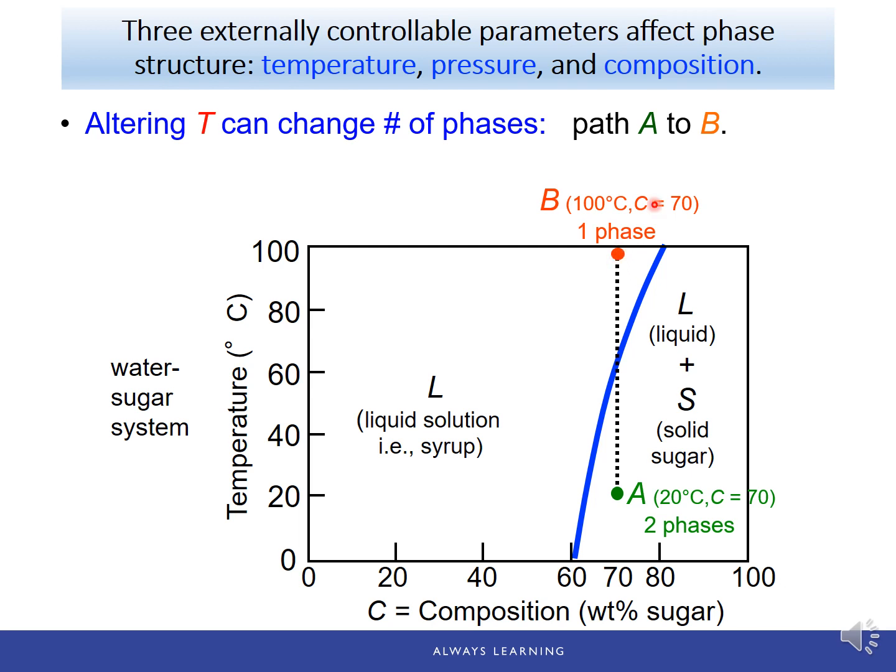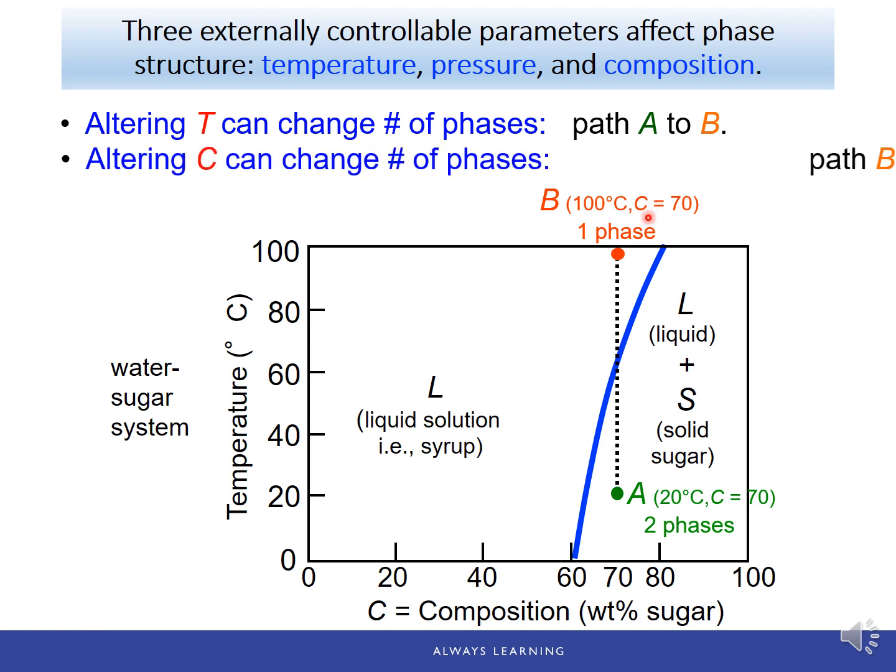And second, when we change the composition, we will also change the number of phases present. So the second path, from path B to path D, we keep the temperature at 100 degrees Celsius, but we increase the composition. We increase the sugar from 70% to 90%.